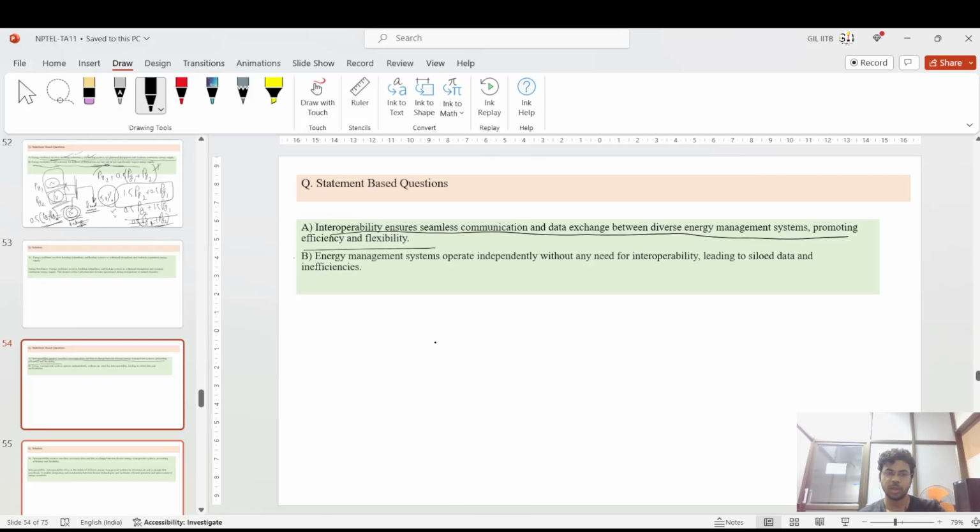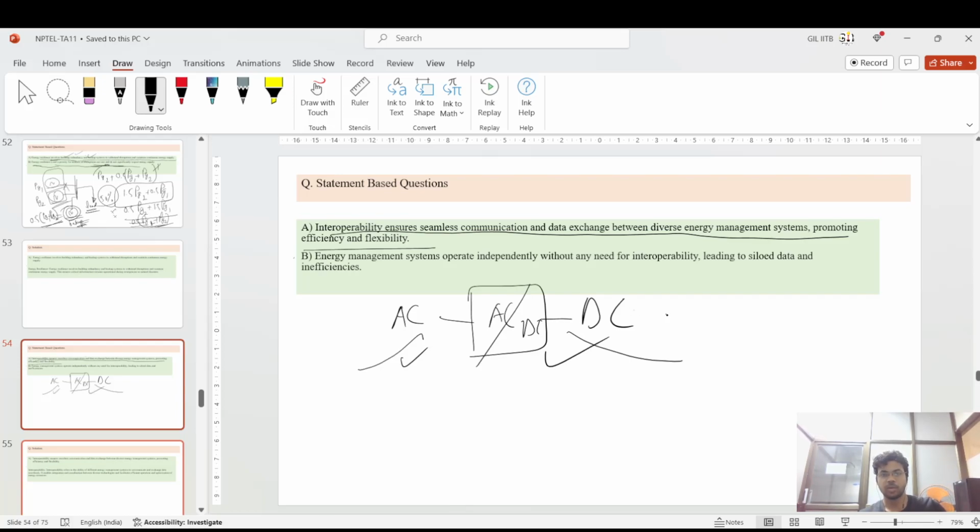Interoperability actually means you have multiple types of connected systems. So operation of the multiple systems, suppose you have an AC distribution generation system and a DC one, and in between you have connections as well, that is the DC to AC conversion. So interoperability means AC is operating with the DC and connected to the utility grid.